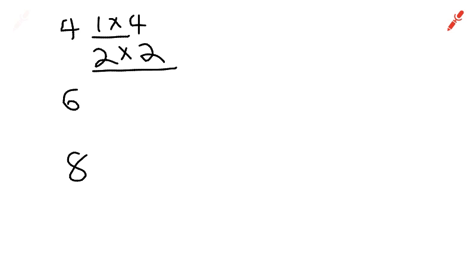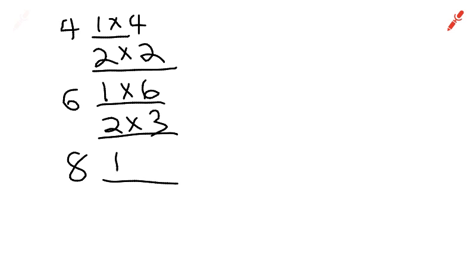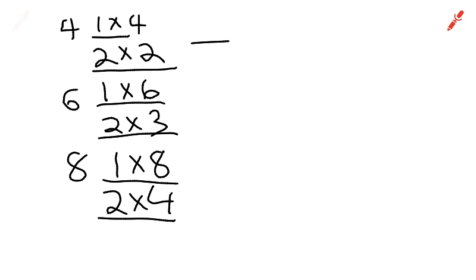Our pairs of factors for 6 are 1 and 6, and 2 times 3. And then for 8, our pairs of factors are 1 and 8 and 2 times 4. And so for 4, we're given 3 blanks. For 6, we're given 4 blanks. 8, we're given 4 blanks as well.